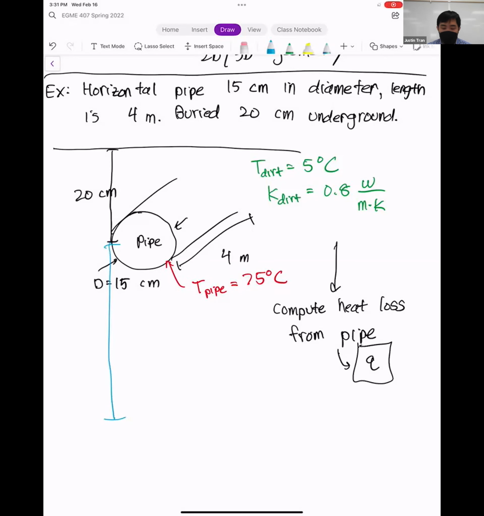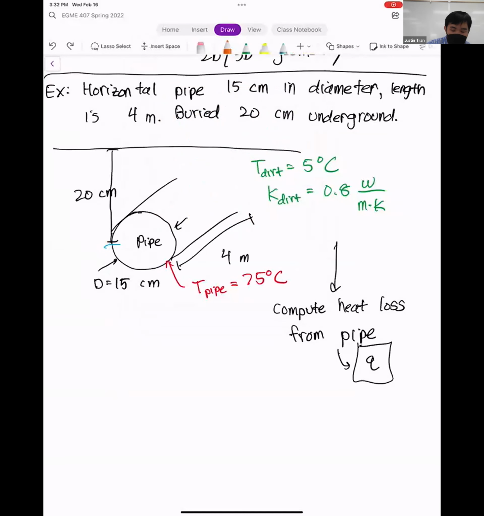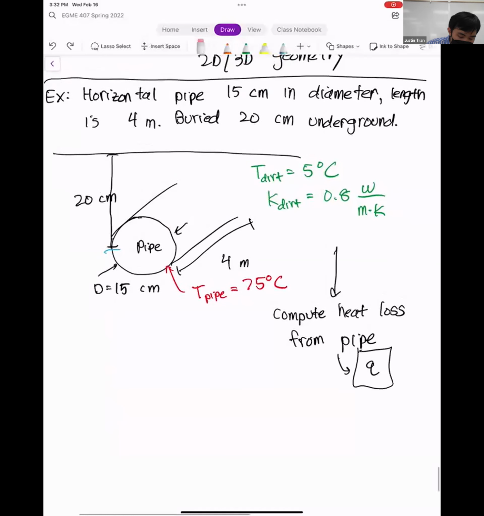So we have this asymmetric situation where the heat transfer that comes off of it is not going to be completely radial. Maybe we have more heat transfer, because the dirt's really cold, going down than we have coming up.